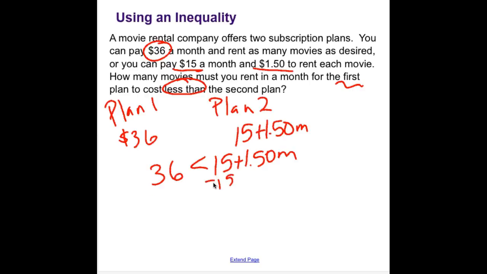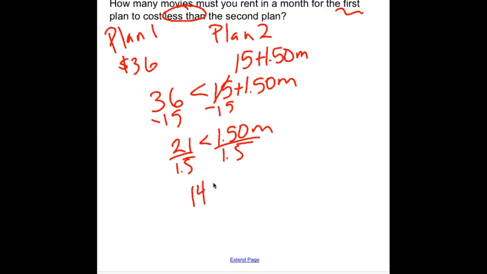Subtract 15, subtract 15. We get 21 is less than 1.50M. Divide all sides by 1.5, and we get 14. So we end up with this inequality, 14 is less than M. We can switch that around to say M is greater than 14.